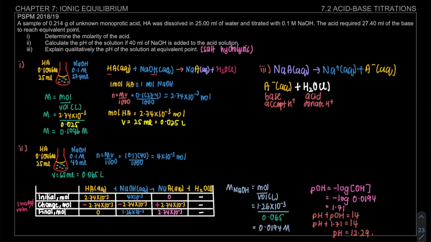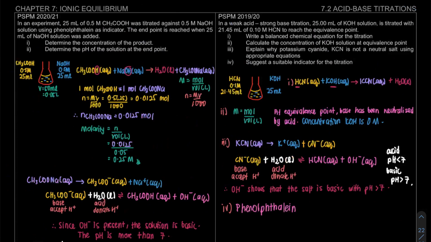So, what we have here, A minus will become HA, and H2O becomes OH minus, aqueous. Okay. And then, okay, the question asks to explain qualitatively the pH of the solution at the equivalent point. So, the presence of OH minus, okay, the same point as the previous example. So, we state it: OH minus shows that the salt is basic with pH more than 7.